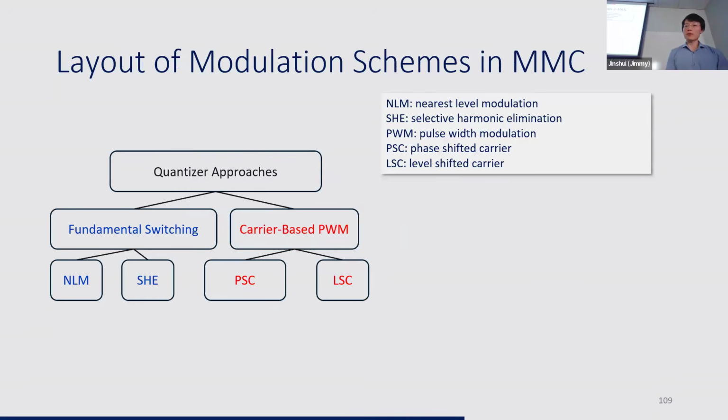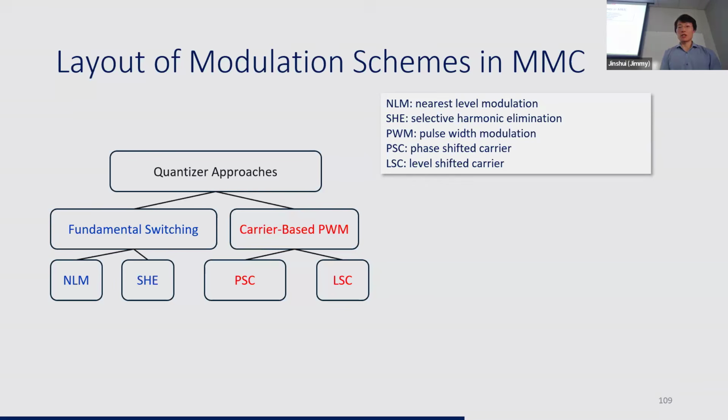And in modular circuits, it gets a little bit more complex because there are multiple modules. So for the PWM approach, this means we have 1 carrier per module. Depending on how we place these carriers, we can have different variations, such as phase-shifted or level-shifted carrier methods. And the lazy approach also gains more flexibility with multiple modules.